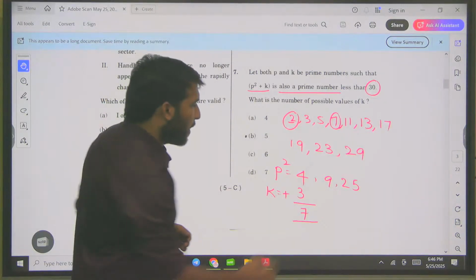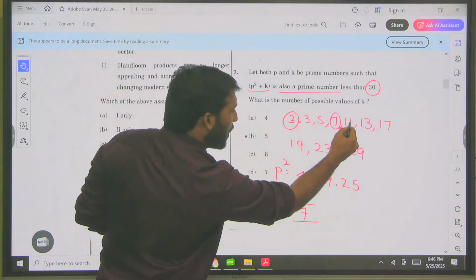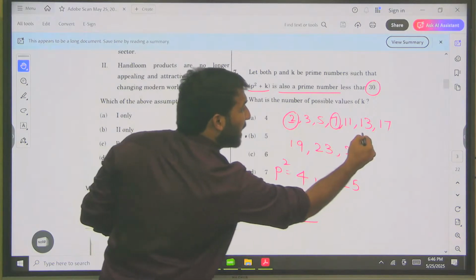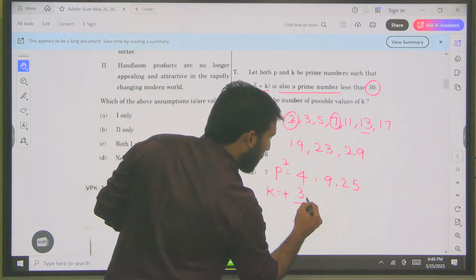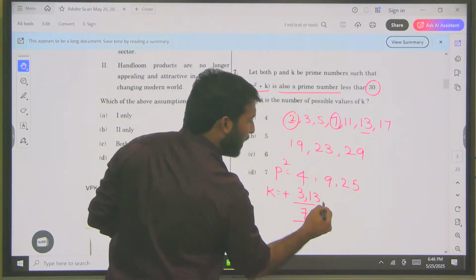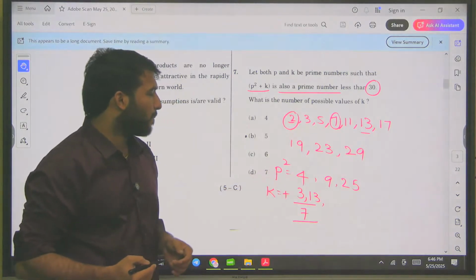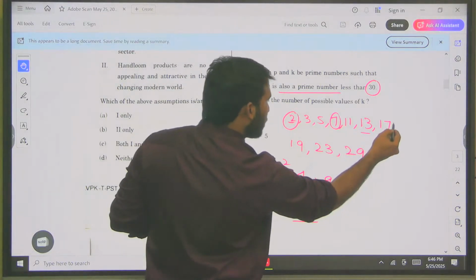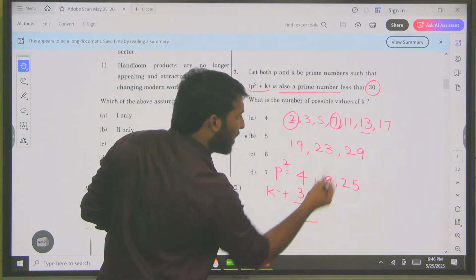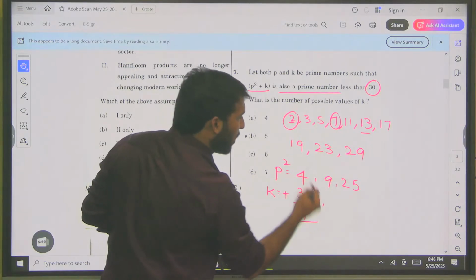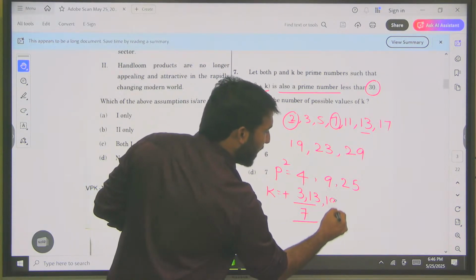Yes or no? Next, if I take 4 plus 13, that is 17, which is available here. And if I take 17 plus 4, 21, it's not possible. 19 plus 4, 23. I'm taking K values.